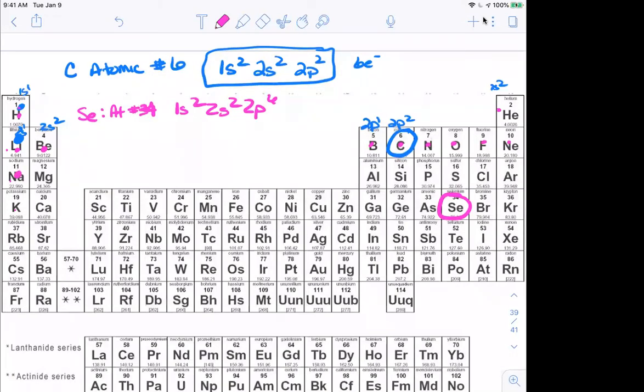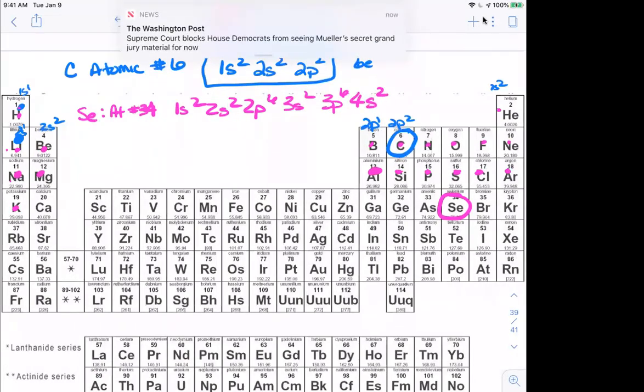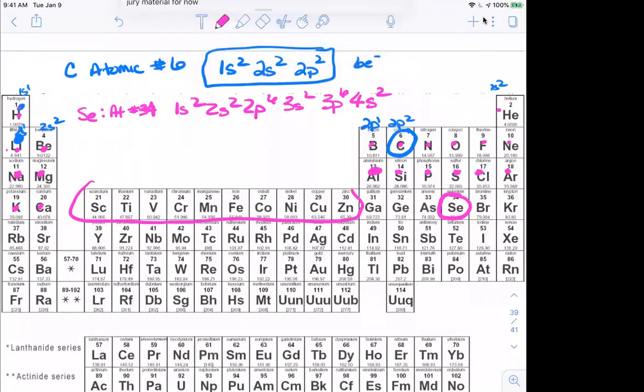Drop down to the 3rd row, 3s2 is full. Come here, now I have 3p6 is full, drop down. I have 4s2. Now here, I have my row below, right? So this would be 3d10. And then I have 1, 2, 3, 4. I go back up to 4p4.